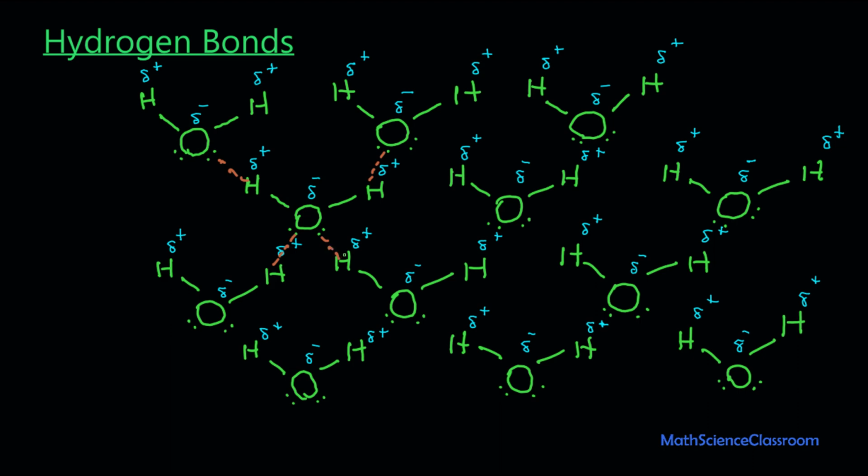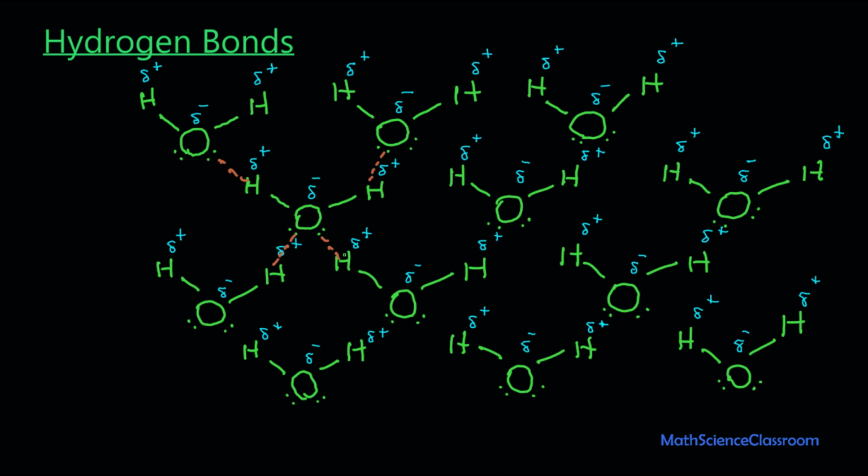Notice that we have 4 hydrogen bonds forming in the crystal ice. If this was liquid water, because the shapes would be a little more squished and it would be a little more chaotic, we would have probably a maximum of 3 bonds that would form rather than 4.